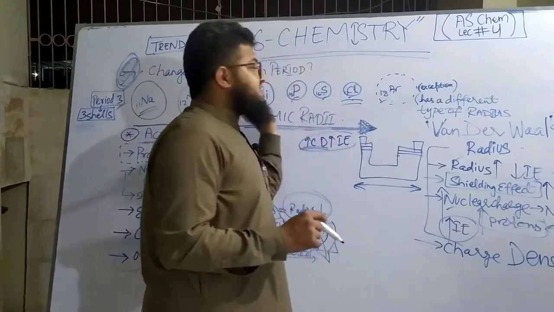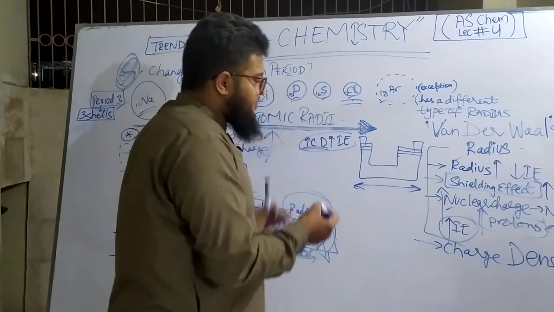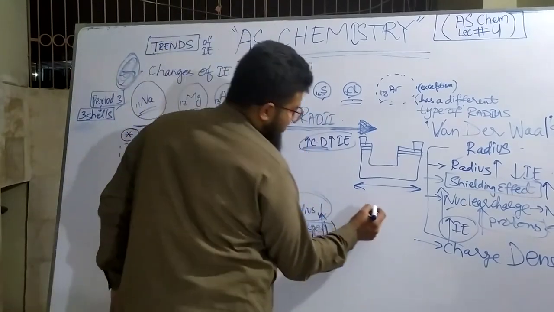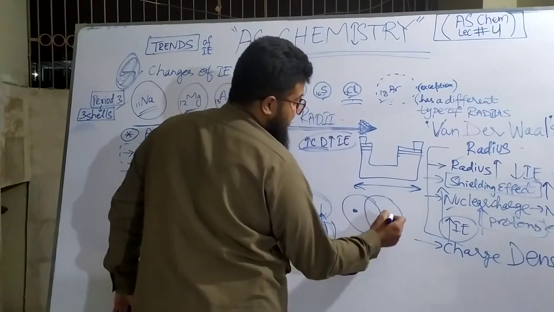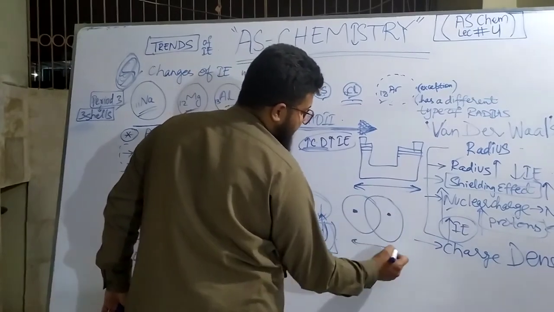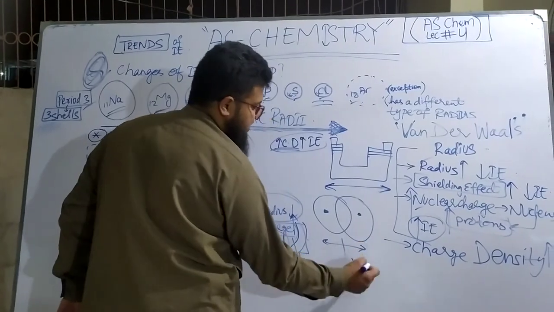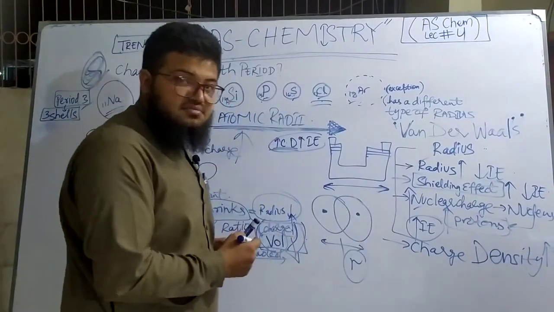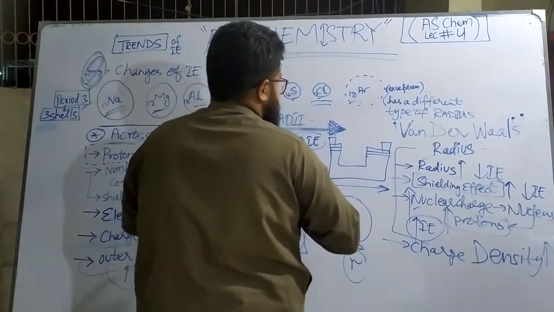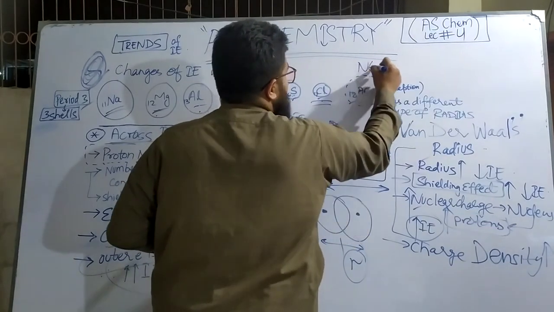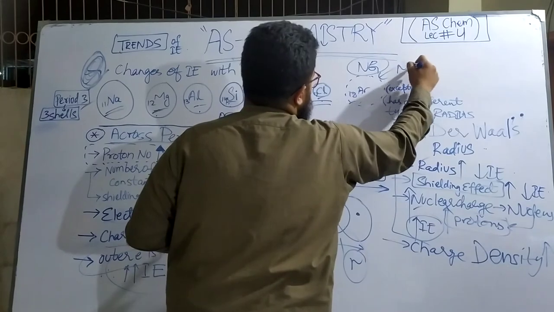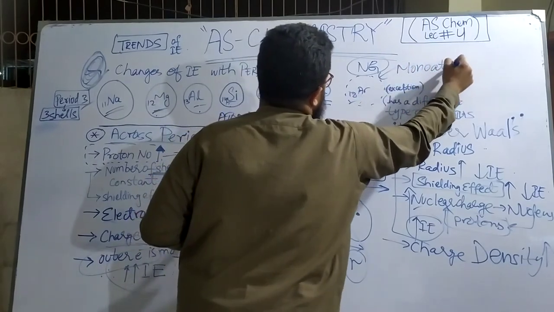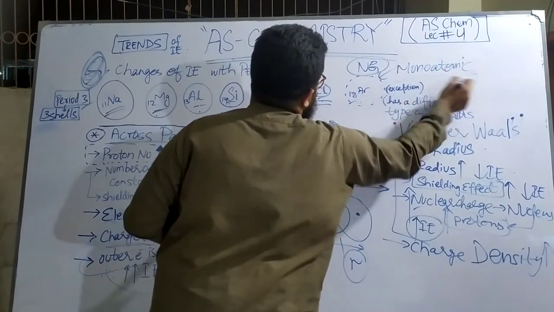Remember, in my very first video I told you that the radius is measured by taking a molecule, measuring the internuclear distance, and then half of that distance is considered the atomic radius of these atoms. In the case of noble gases, you don't have diatomic molecules, you only have monoatomic molecules, and in the case of monoatomic molecules, you cannot have the internuclear distance.